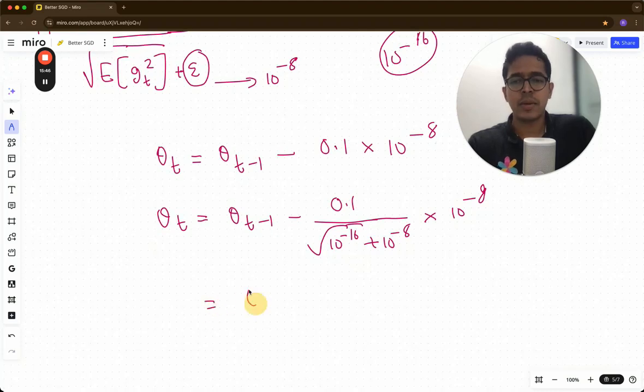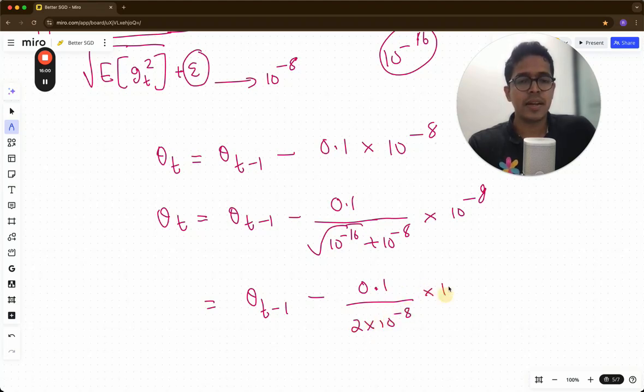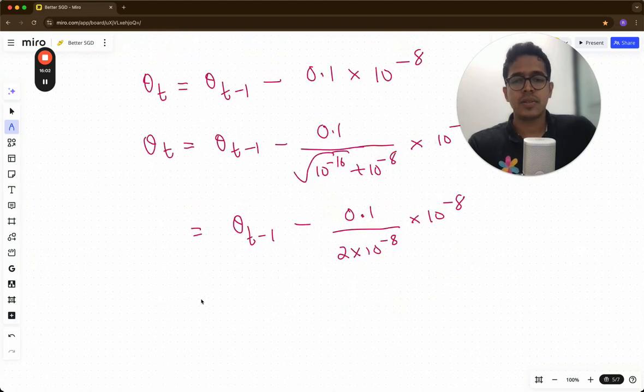Now how much is this? The square root of 10 to the minus 16 is 10 to the minus 8. So this will be 2 times 10 to the minus 8, times 10 to the power of minus 8. This cancels, so it will be 0.1 divided by 2, which is 0.05.